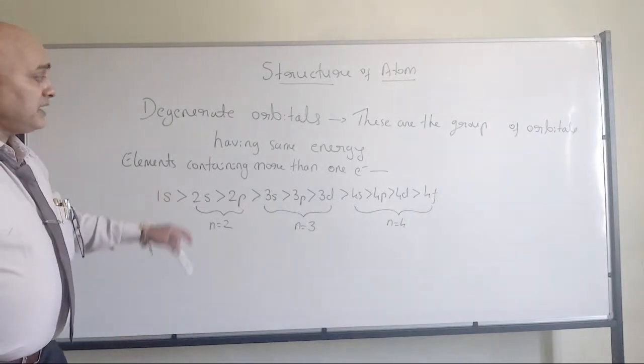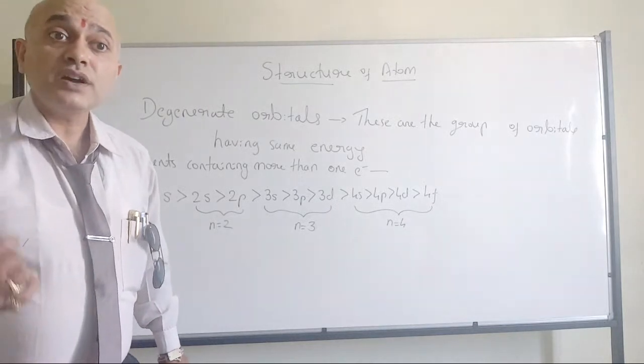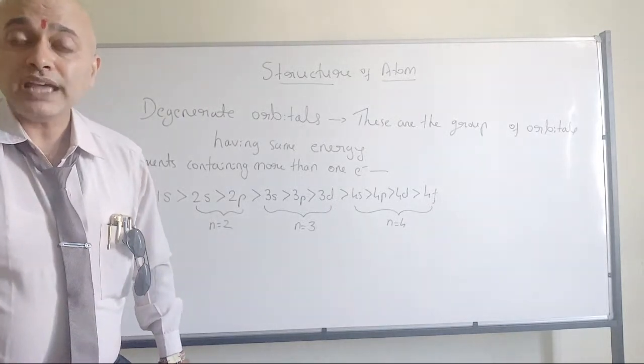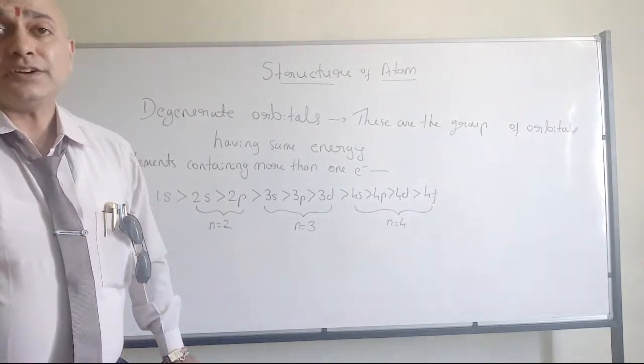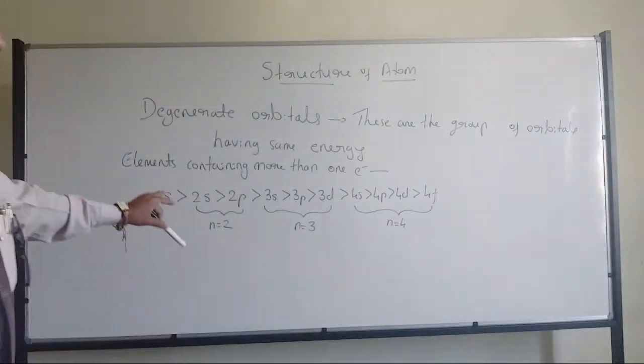So they are not degenerate orbitals when it comes to other elements, where we have more than one electron.